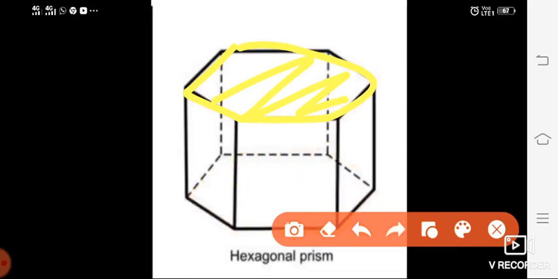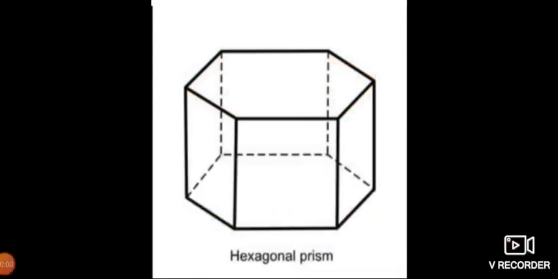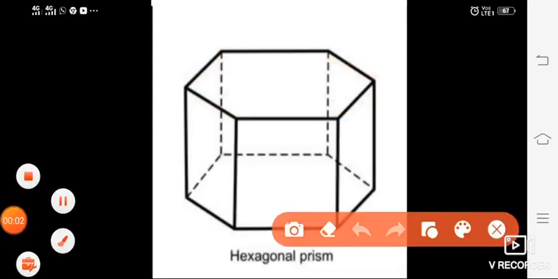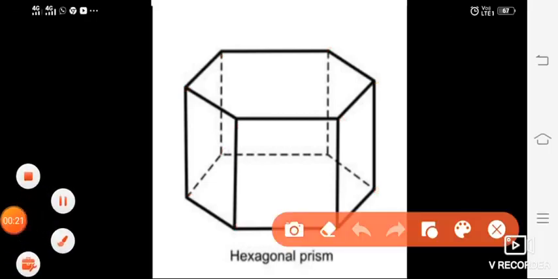Now we will mark the number of vertices. Now we will count the number of vertices. So 1, 2, 3, 4, 5, 6, 7, 8, 9, 10, 11, 12 are the number of vertices. So the hexagonal prism has 12 vertices. Next we'll count the number of edges.